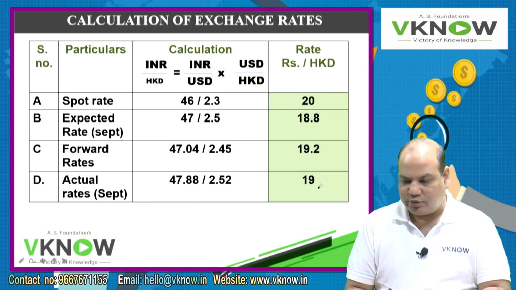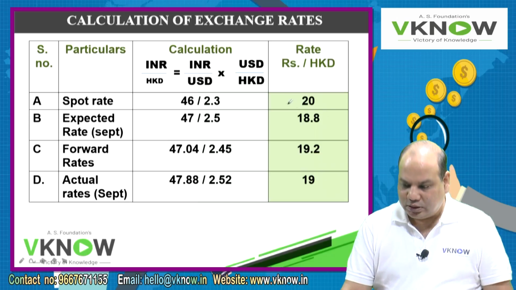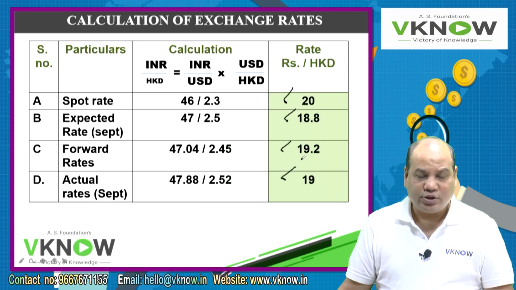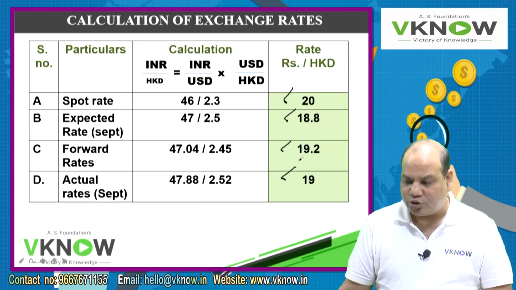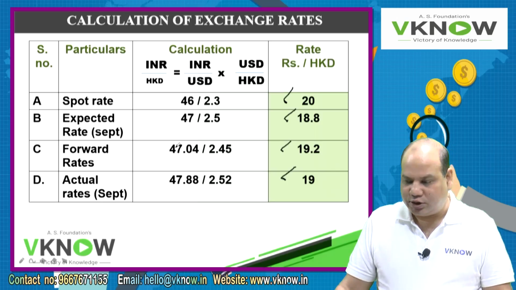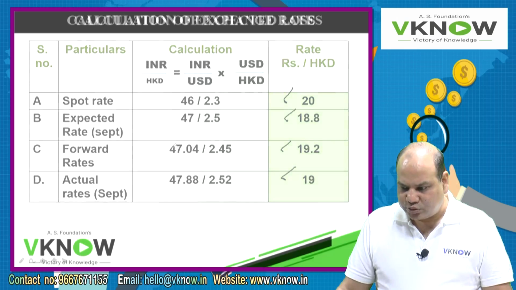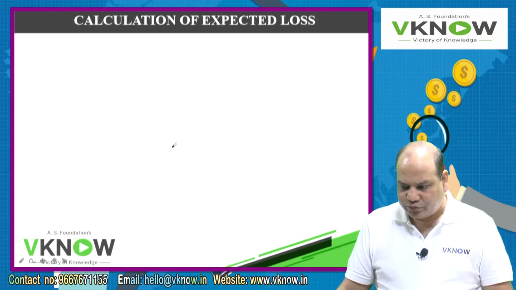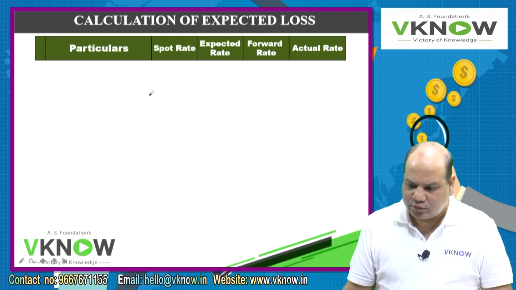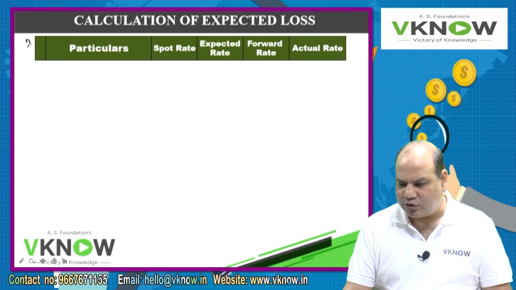So now these rates will be used to convert the export receivable in Hong Kong dollar into Indian rupee, and then we will check what is the loss under estimated rate, forward rate, actual rate, and whether the decision to take the forward cover was justified or not. So please come to step 2, calculation of expected loss.